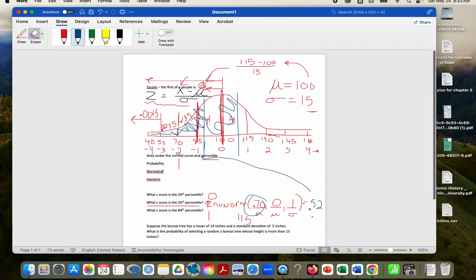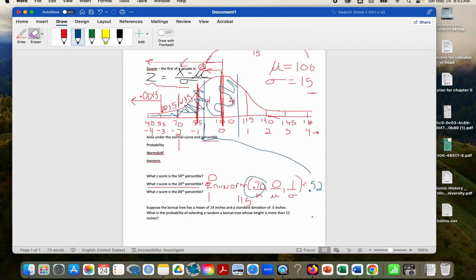Now, we could ask the question, what's the raw data point that represents that 0.52? And I'll show you a little trick on your INV norm. So what you do is you take your second vars, your INV norm. So we go second vars, and you go to INV norm, and you leave the 0.70 as the area, but you change your mean and your standard deviation to meet your raw data point information.